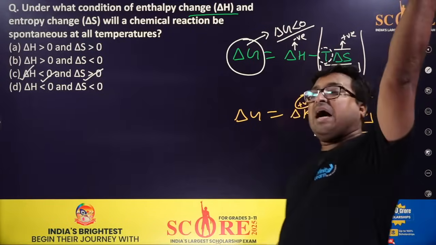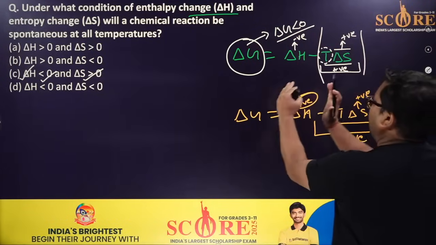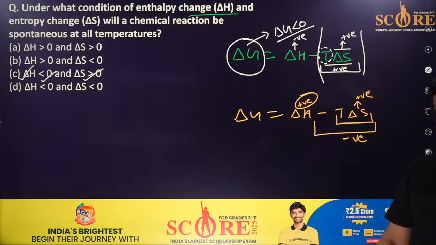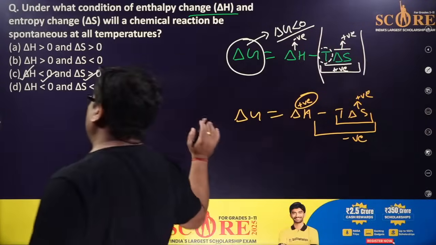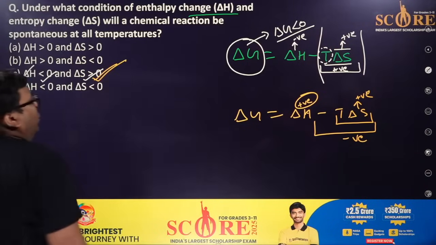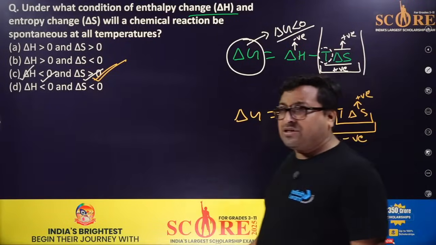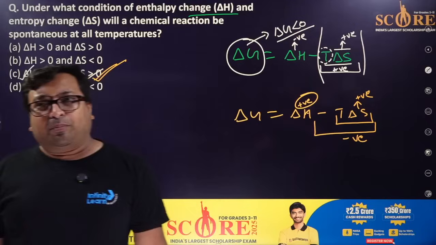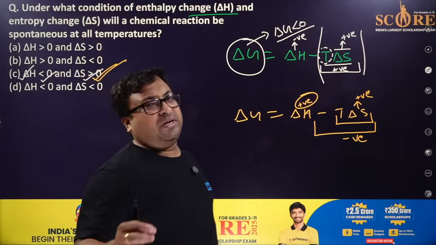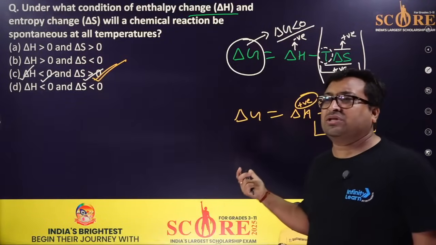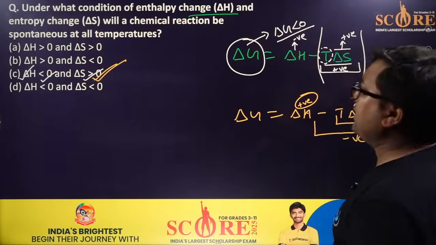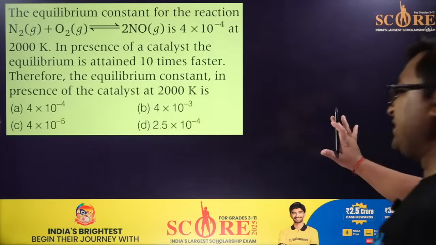If temperature is high, then this will dominate and this will become negative. So this is not the universal case. The universal case is only C. You got it? So delta G, in chemistry, is the toughest thing to predict which reaction will take place or not. That's why this question is very interesting. Let's move further. Very easy question.